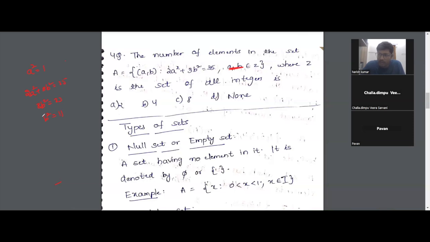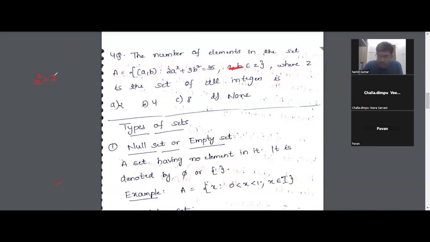Again, this is not possible because I'm not getting b as an integer. So a square equals 0 is not possible, and a square equals 1 is also not possible. Then I'll go for the next number, a square equals 2. But a square cannot be 2 because a has to be an integer. If a has to be an integer, a square cannot be 2.